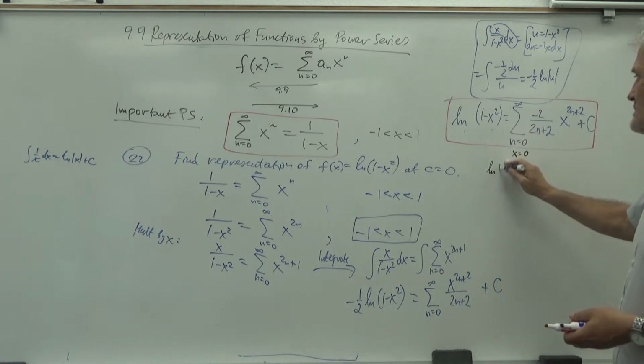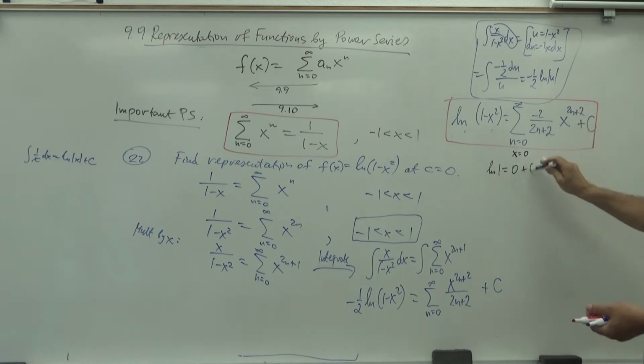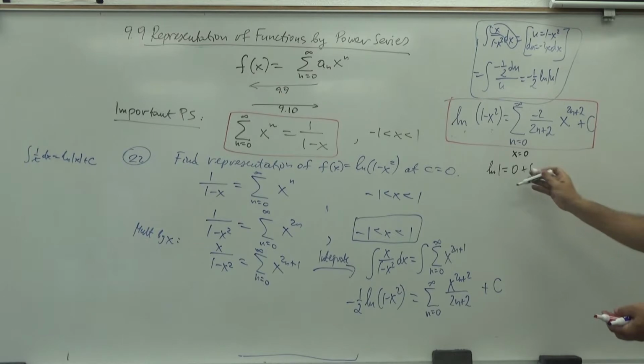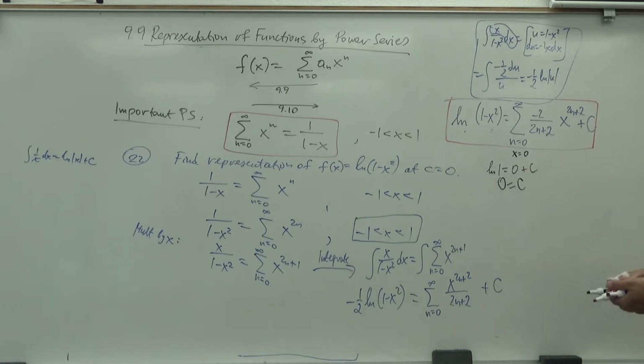I'll get ln 1. And on the right, all the members, because the first member is not x to the 0, it's x squared, then x to the 4th and so on, each of the members gives me 0, plus c. So since ln 1 is 0, I'll get 0 equals c. So c is 0.